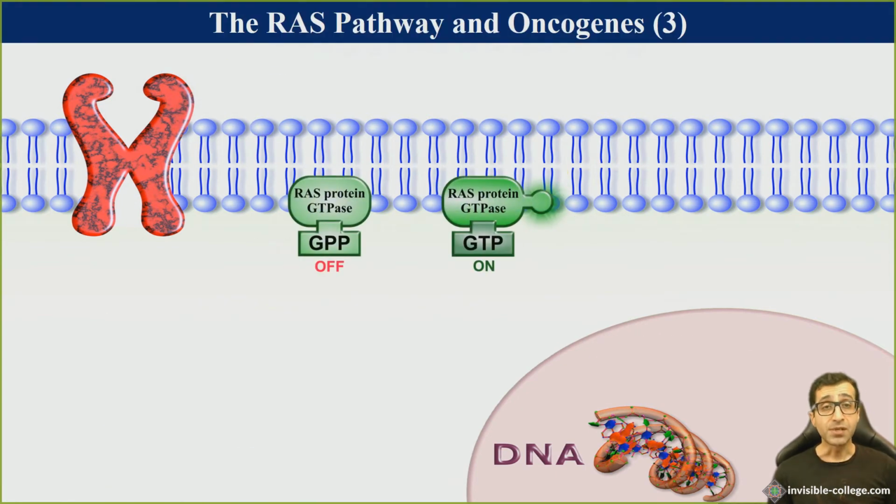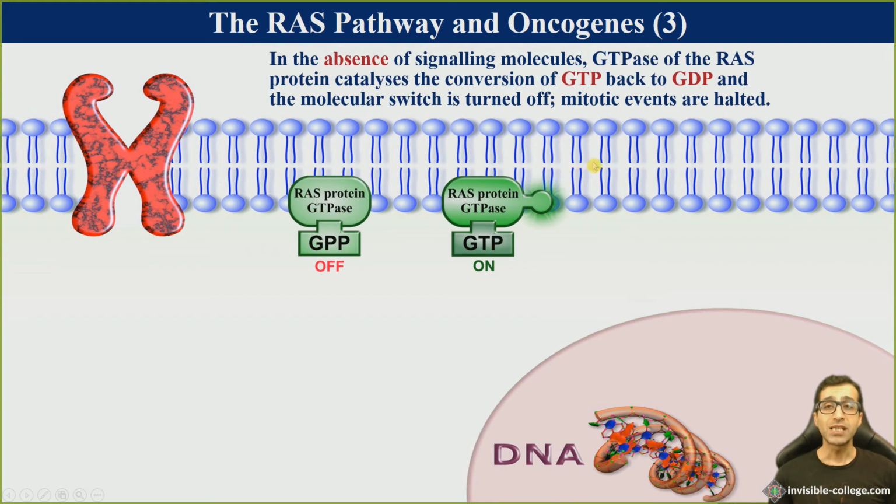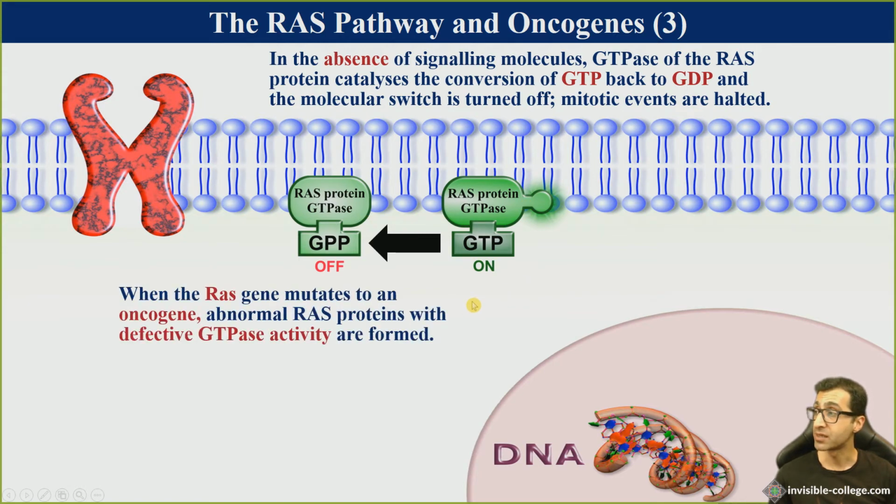So, in the absence of the signaling molecule, the GTPase of the RAS protein will then catalyze the conversion of GTP back to GDP, and the molecular switch is therefore turned off. And because of this, mitotic events are then halted. When the RAS gene mutates to an oncogene, abnormal RAS proteins with defective GTPase activity are formed.